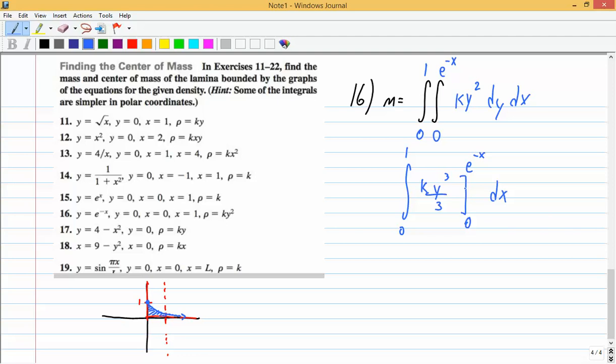And then you're going to say minus plug in 0. But I think you can tell what happens when you plug in 0 there: you get 0. So what happens when you plug this in? You get e to the negative 3x, because it's e to the negative x cubed, so you multiply the powers, dx. Remember, plugging in the 0 gives you 0, so you don't have to worry about that.